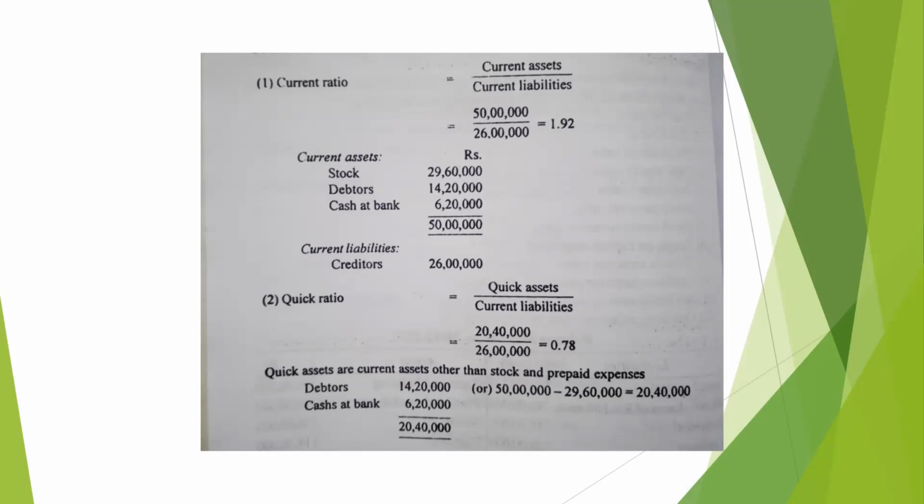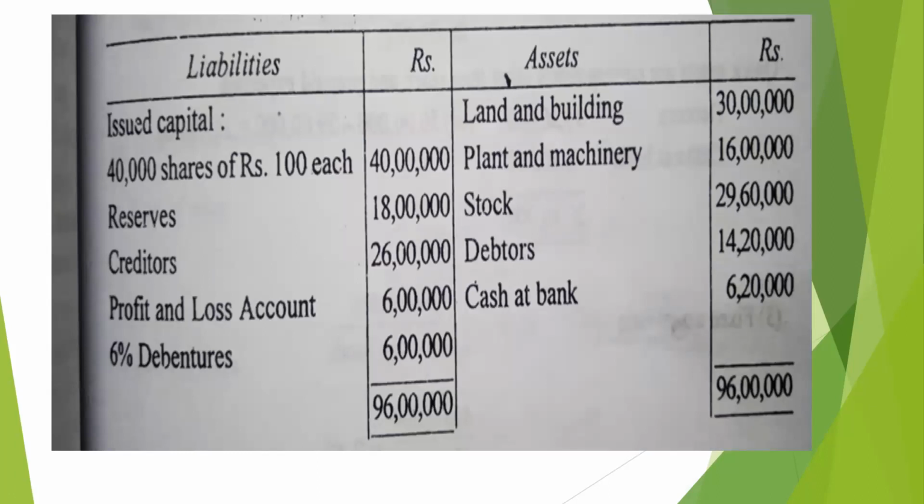Then second one is quick ratio. The formula for the quick ratio is quick assets divided by current liabilities. So adjustments are given. Quick assets are current assets other than stock and prepaid expenses. Here we want to find out the quick assets. So in the list, stock is there. So we want to minus the stock 29,60,000. So we want to take only 2 items in the asset side, that is debtors and the cash at bank.